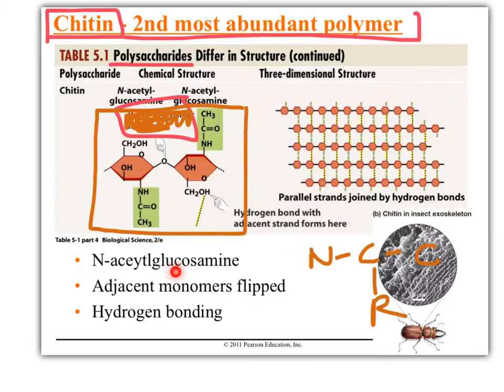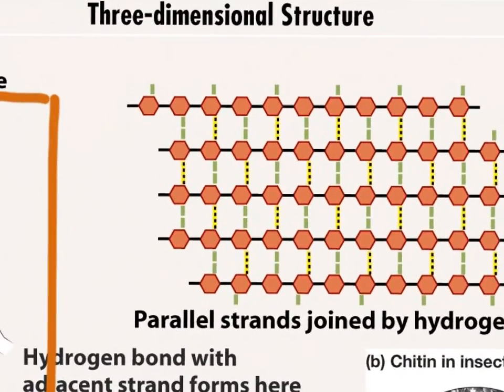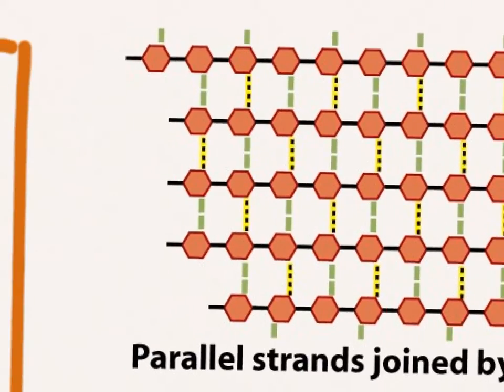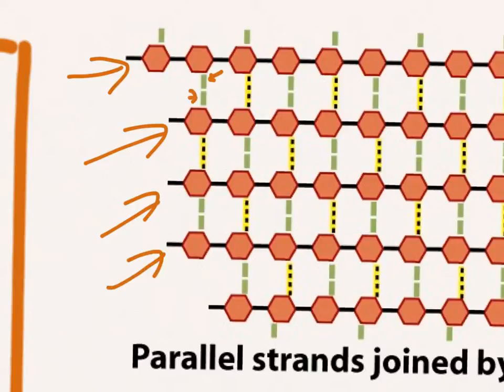The adjacent monomers are flipped upside down. If we zoom in, each one has the additional NCC group here and there so that they can interact with each other. Rather than all being in the same direction, each strand is flipped upside down.